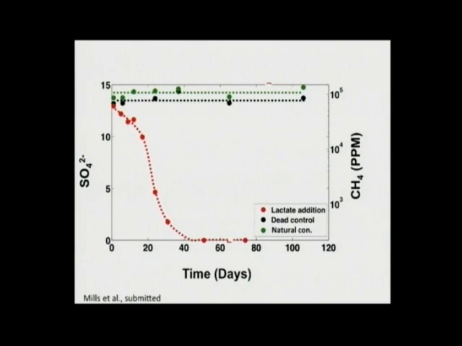But when we add the lactate, the sulfate got depleted almost completely after 2 months. And after the sulfate was completely depleted, we also saw an increase in methane concentration. This basically means that the sediment has the potential to reduce sulfate, so the bacteria that can reduce sulfate are living there. And not only the bacteria that reduce sulfate, but also the bacteria that produce methane.